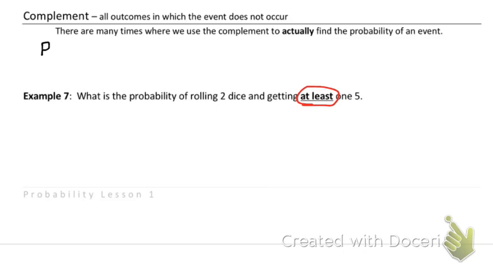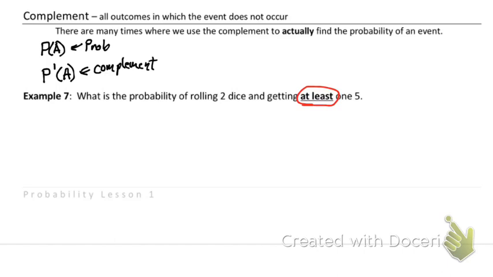So let's say P(A) stands for the probability of something happening. This is the probability I'm looking for. The complement is going to be listed as P'(A). That is going to be our complement. So if we have probability A of something happening, probability prime would be it not happening.